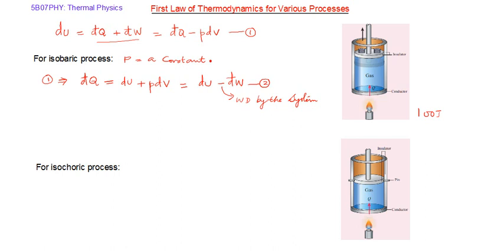Suppose that out of this 100 joules of heat supplied, some 70 joules has been used up for changing the internal energy, and the remaining 30 joules, by the law of conservation of energy, will be used for doing work by the system. So dW will be equal to 30 joules.